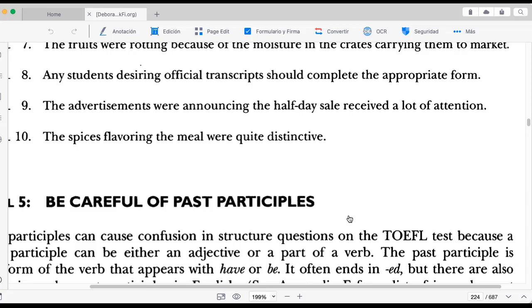Correct? Incorrect? Correct. Okay, I have something to say. What if I check this? The advertisements were announcing the half-day sale. And then, where is the subject on the next line? Received a lot of attention, sorry.